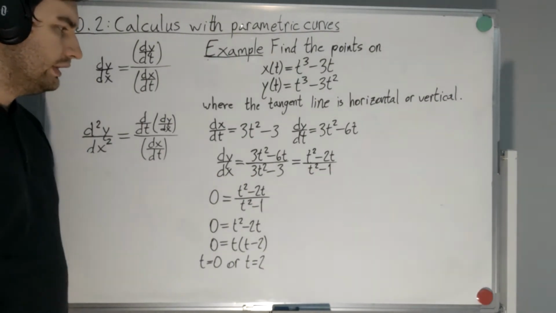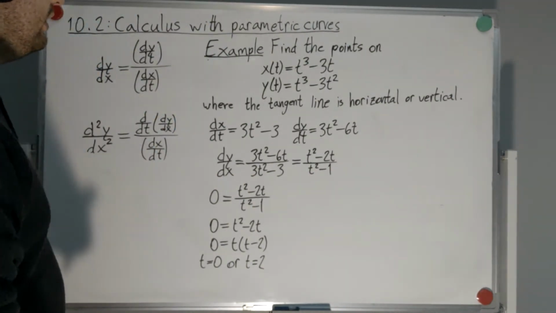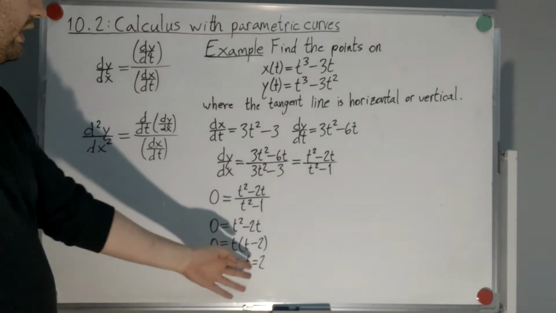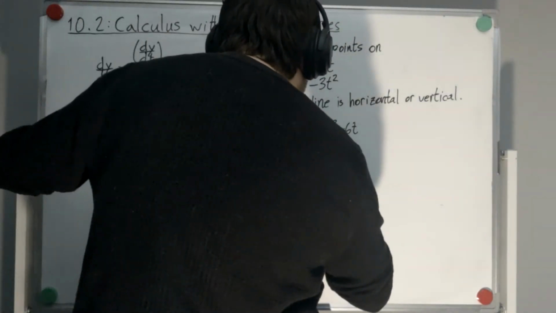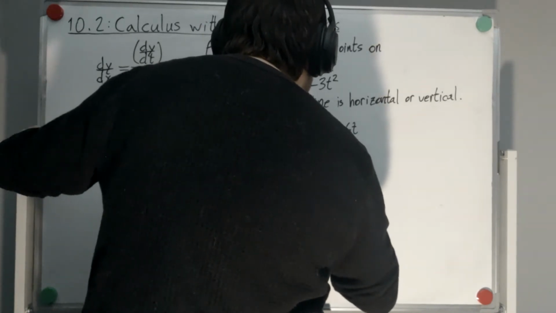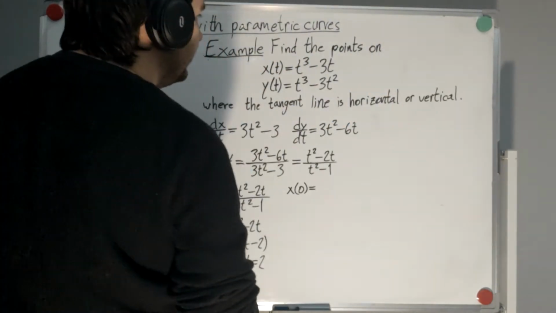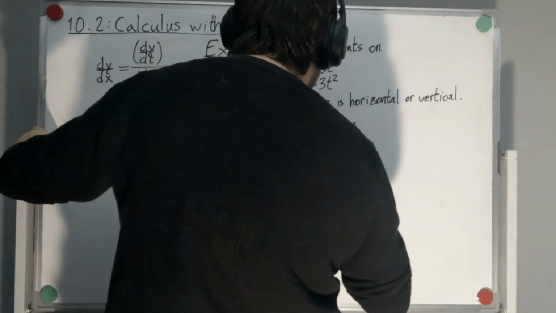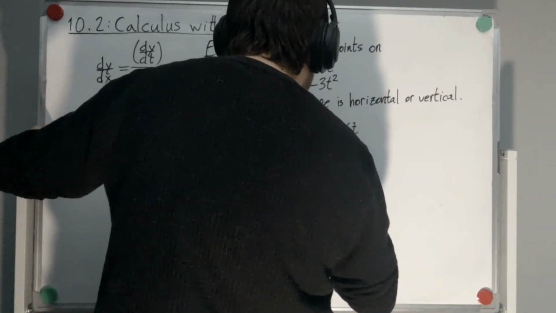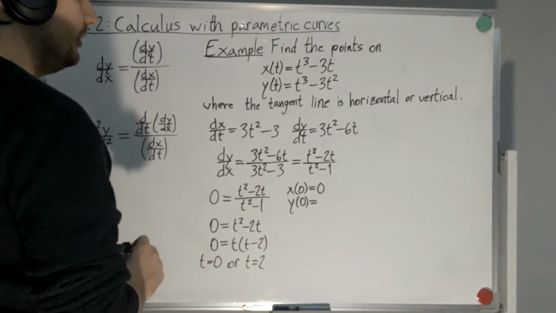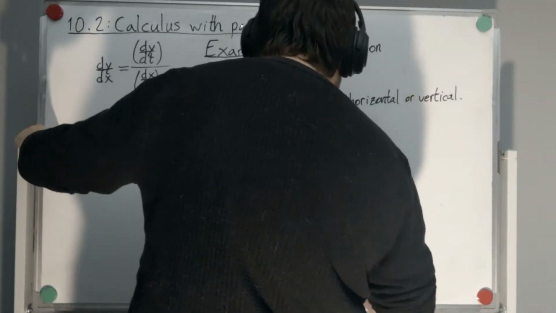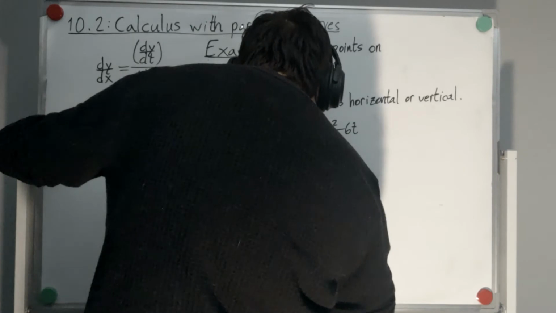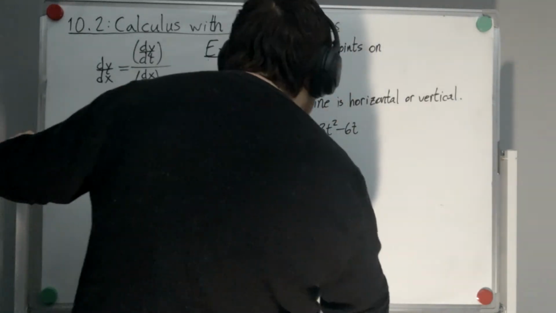Okay, and then, as before, if we put these points into the curve, let's see, x of 0 is going to be 0 cubed minus 3 times 0, which is 0. Y of 0 is going to be 0 cubed minus 3 times 0 squared, which is 0. Then let's check out t equals 2.